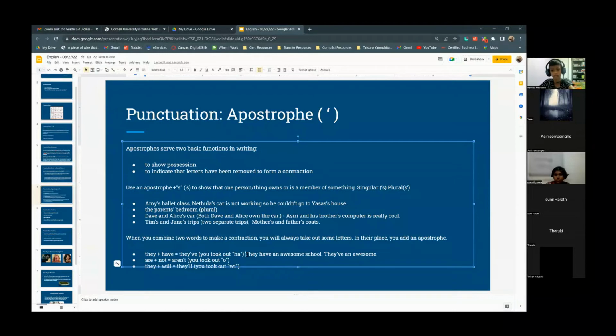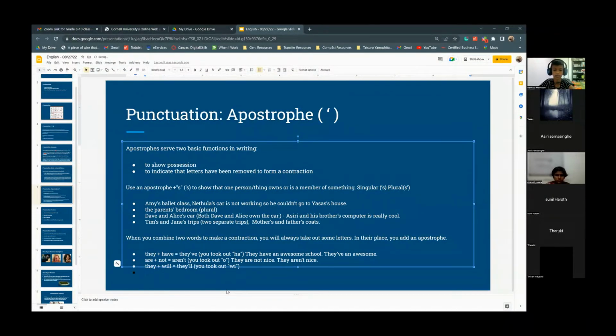So don't use contractions, especially in essays or speeches or anything that requires you to be more professional. And so "they are not nice." We could just say "they aren't nice." So it's basically combining those two together, right?